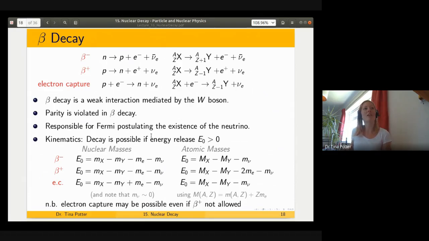And these are weak decays mediated by that massive W boson, and they can violate parity. So let's not worry too much about parity in these beta decays. And this was actually the process that was responsible for Fermi postulating the neutrino.